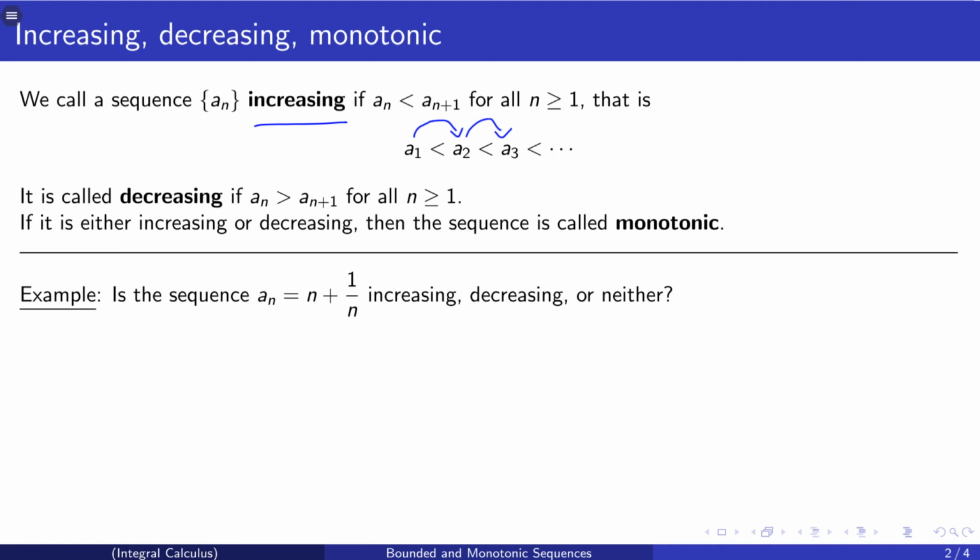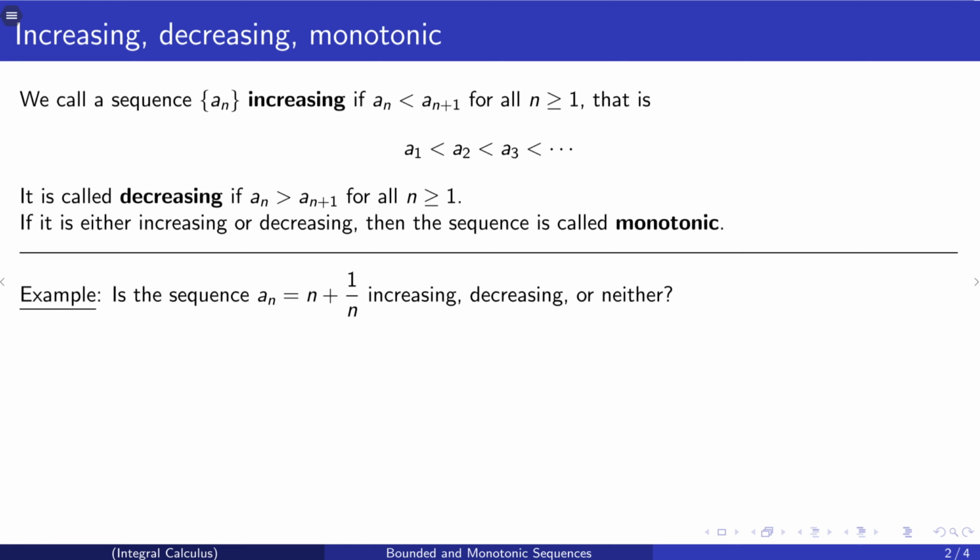Right? So if you're starting with A1, then A2 is strictly larger than A1. A3 is strictly larger than A2, and so on. Right? And note that it's not strictly larger or equal. It's not less than or equal to signs here. It's just strict inequalities here for it to be increasing.